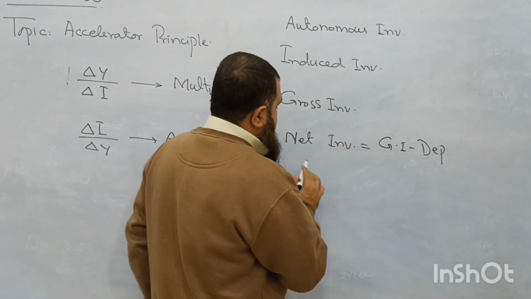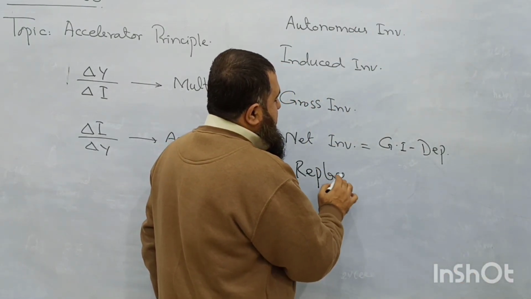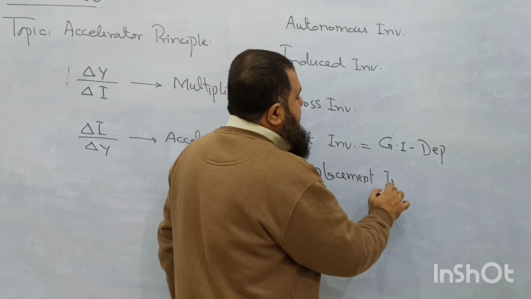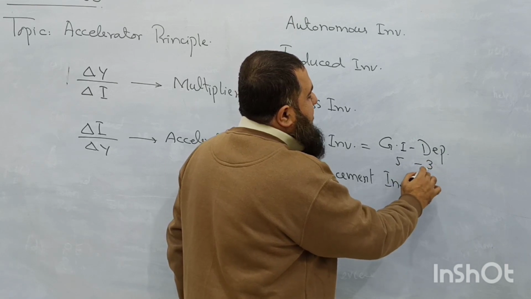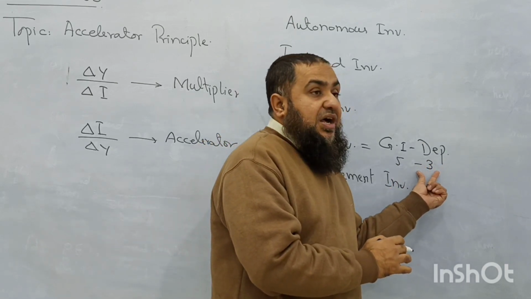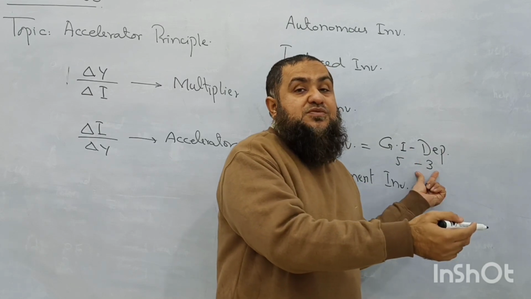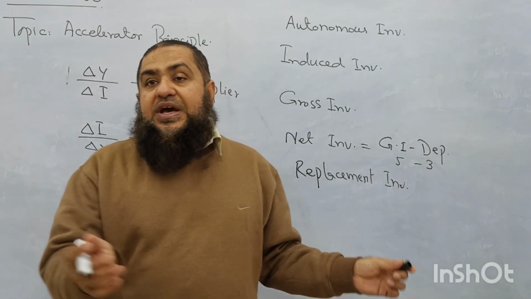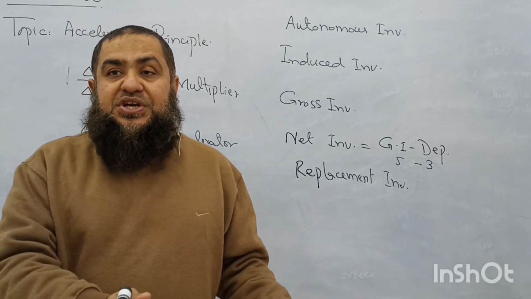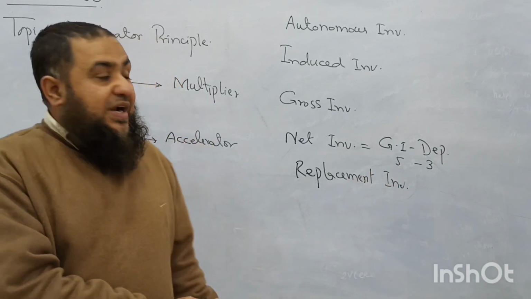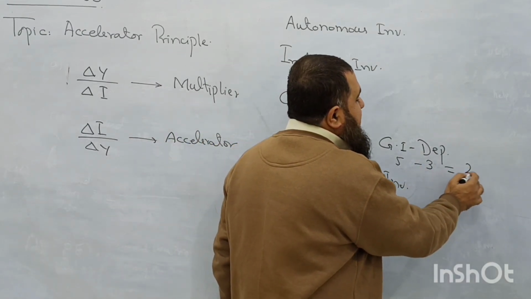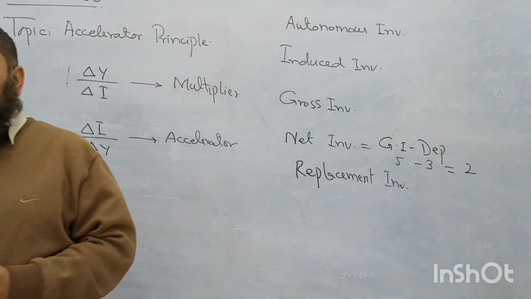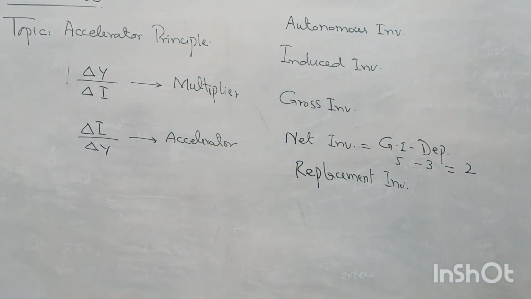If the firm is bringing 5 machines and 3 are depreciated, these 3 are replacement investment, because we are not bringing anything new. We are just replacing the depreciated ones with the new ones. But how much is the net increase in investment? That is 2. Overall, 2 new capital goods have been added to the investment of that firm.